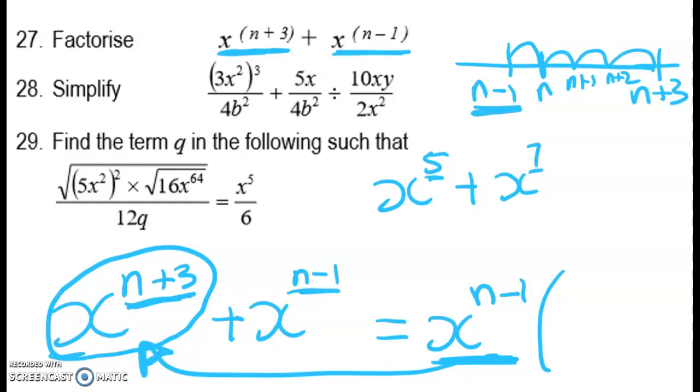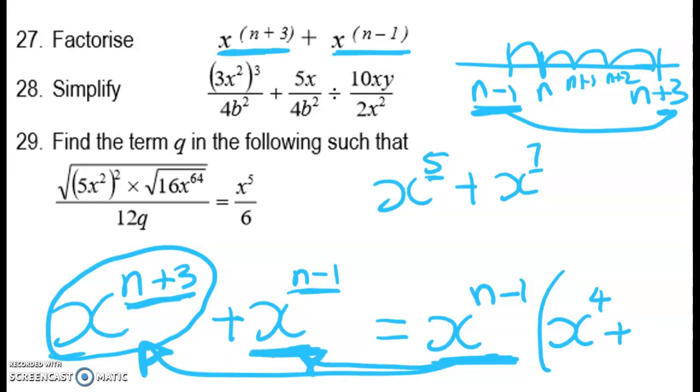So if I add on 4 to that, I'll get to n plus 3. So this will be x to the power of 4. Plus, what times this will give me this? It's just 1. Okay, so that's the first question done.